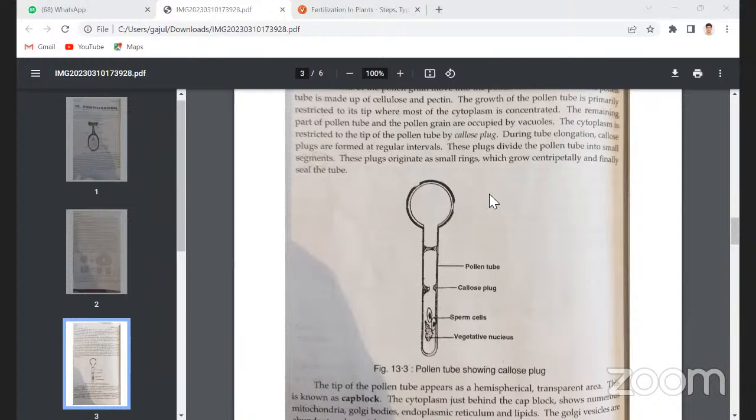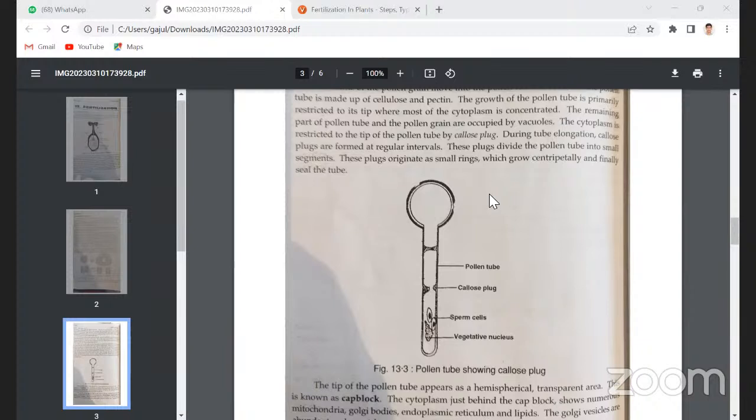The secreted fluid contains nutritive fluid for the growing pollen grains. When the pollen tube emerges through the germ pore of the pollen grain, the entire contents of the pollen grain move into the pollen tube.